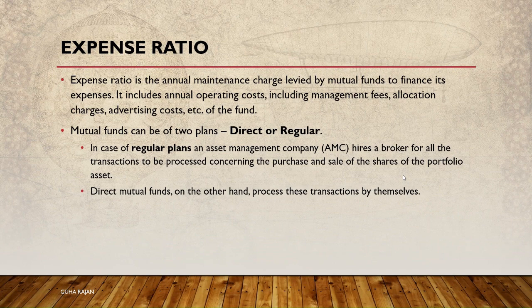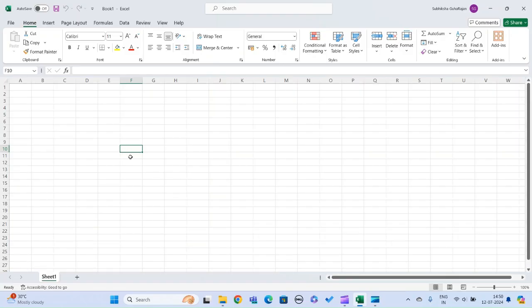Anything from 12% to 15% is supposed to be good as far as mutual fund returns are concerned. That is the XIRR ratio of 12 to 15%. We'll also see how that gets calculated in a spreadsheet. So, open a spreadsheet.